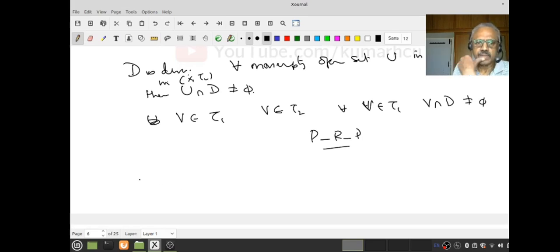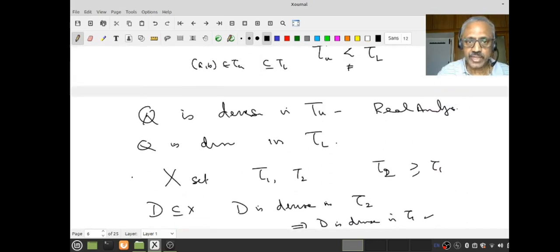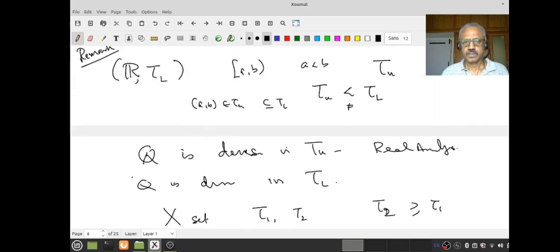But D may be dense in tau 1 and not dense in tau 2. It may happen. So something dense in a coarser topology being dense in a finer topology is a rarity, and that's what happened in the case of the lower limit topology.